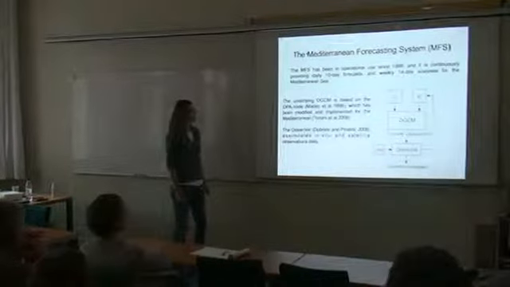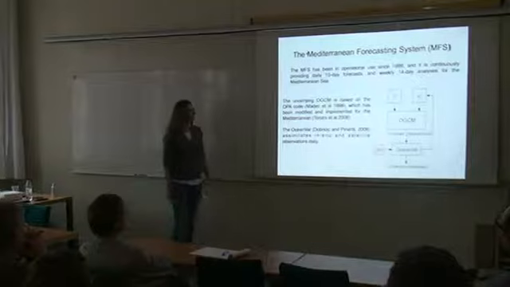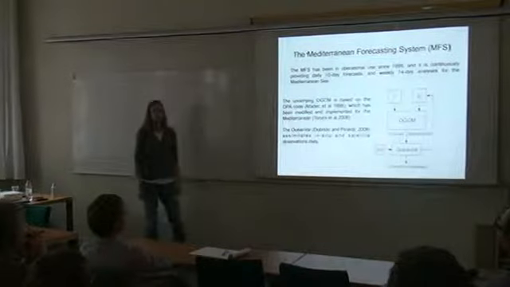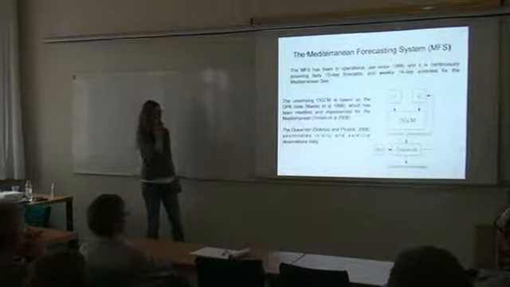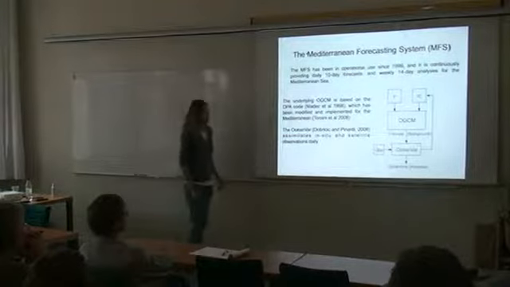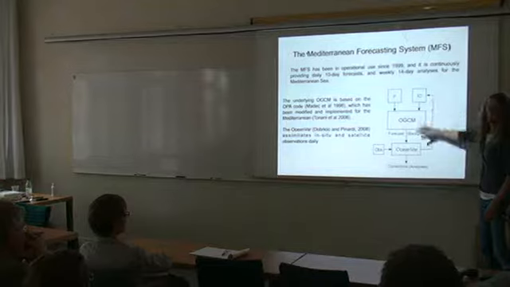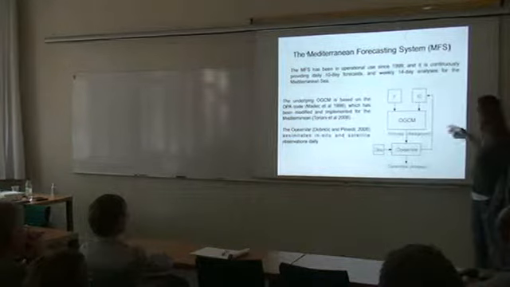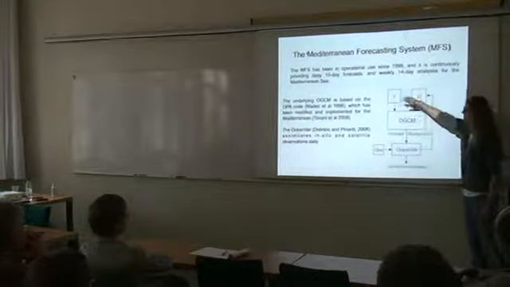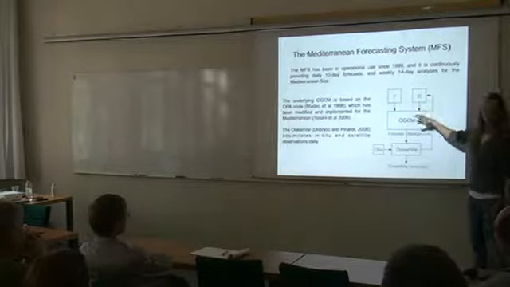The code was developed by Madec in '98, and it has been modified and implemented for the Mediterranean Sea by Tonani and the group at our institution. This is just a sketch of the daily cycle. The model has some atmospheric forcing and initial conditions, and produces a forecast.